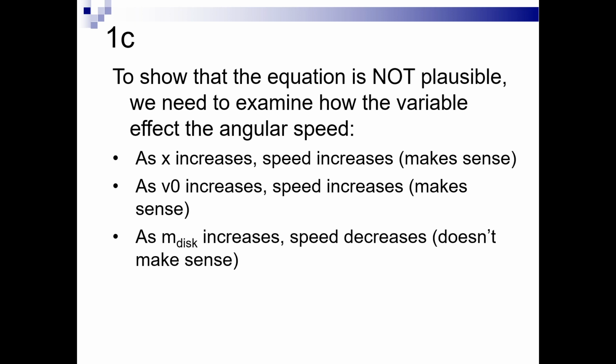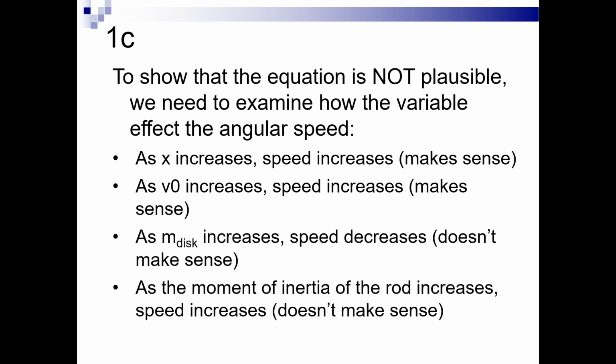But then, if you get a heavier disk, because it's in the denominator, the heavier that disk, the slower it's going to go, which doesn't make any sense. When it's really light compared to the rod, if it's a tiny speck of dust and you hit the rod with it, as the denominator goes to zero, you get an infinite rotational speed, which makes no sense.